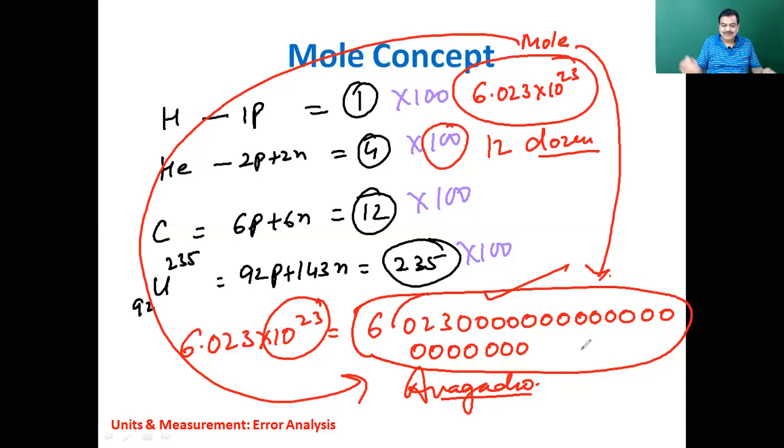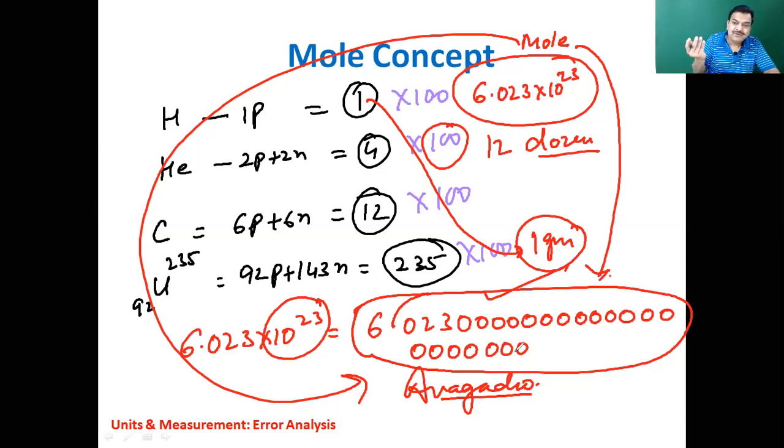उन्होंने एक बहुत सीधा सा फंडा जोड़ा कि साहब, what is 1 mole of hydrogen? So if you take 1 gram of hydrogen, because the atomic mass of hydrogen is 1, in 1 gram of hydrogen this much number of atoms of hydrogen it contains.